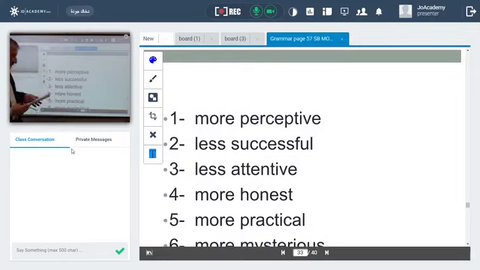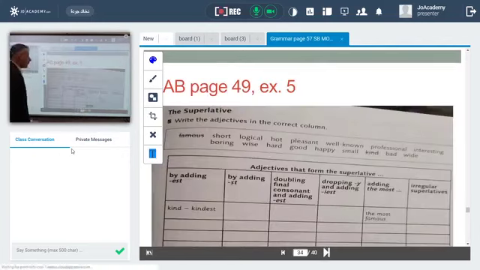Okay? Let's move to exercise number 5, page number 49. Activity book page 49, exercise 5. Like the last table, write the adjectives in the correct column.